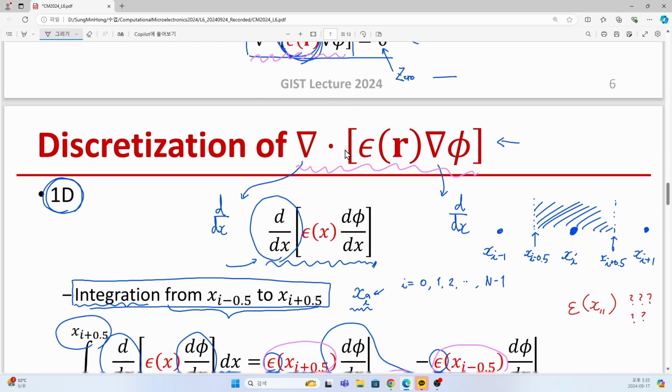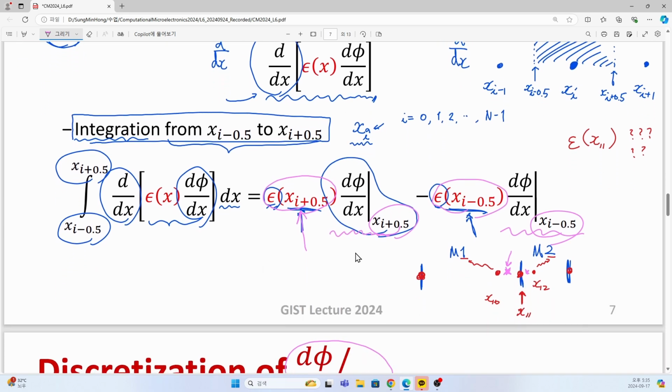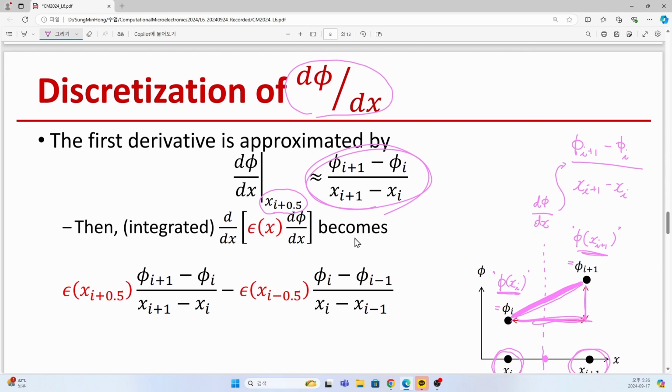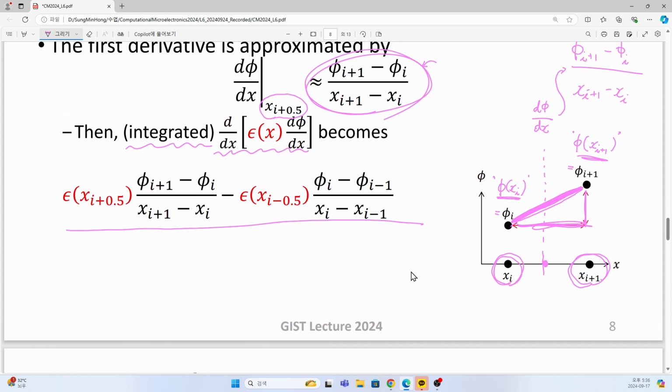By taking the integration over a short distance, now we have the first order derivative evaluated at the upper bound and lower bound, and these two first order derivatives can be well approximated with this linear approximation. So when we combine them, then the left-hand side term, which is integrated, now simply becomes this.